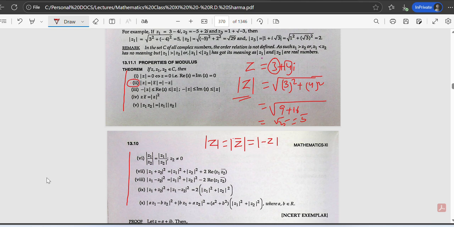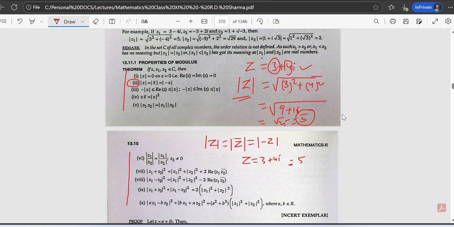How you can prove it? Let's say you have a complex number like 3 plus 4i. Okay. So mod z of this we just found, right? 5 above here. Same complex number it was, right?